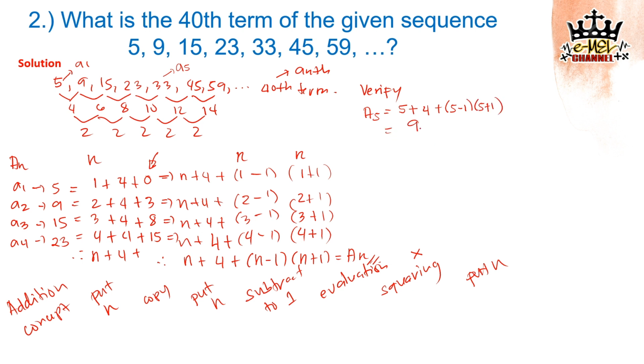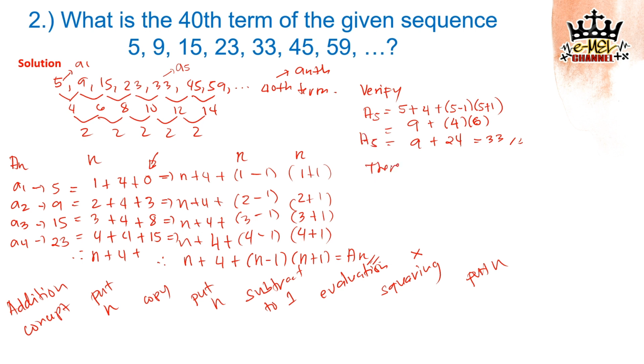So this is 9 plus 4 times 6, and our fifth term is 33. So 9 plus 24 is 33. Therefore, our formula is correct.